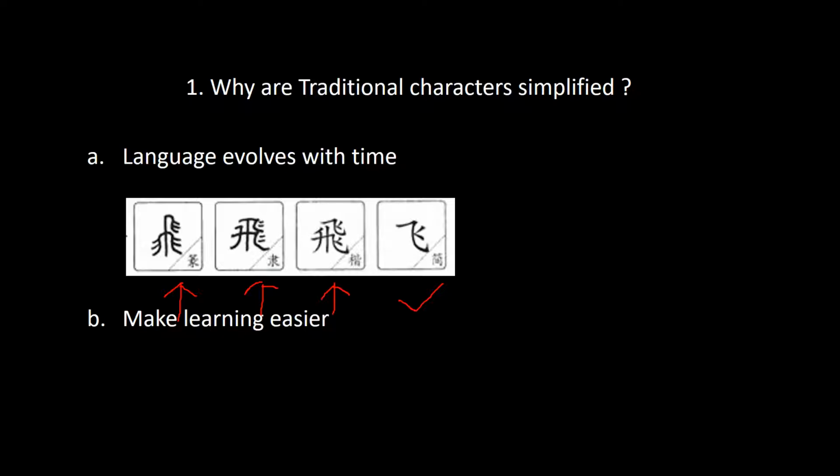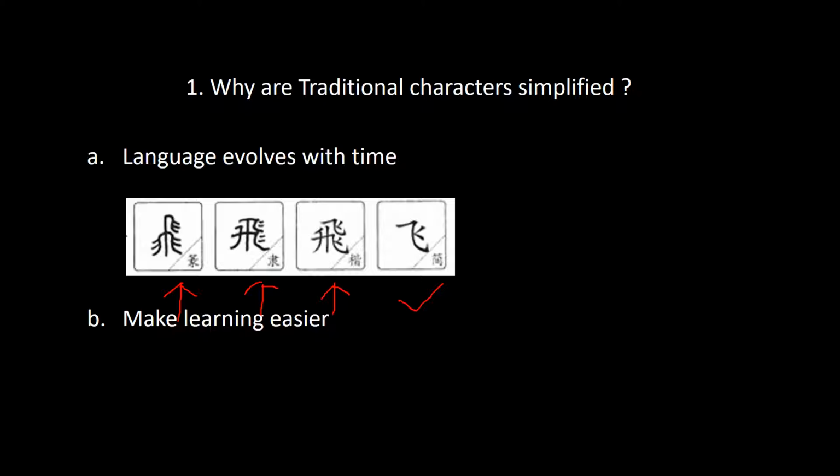The second reason is that it actually makes learning easier. As I've mentioned, the reason why we simplify is because we don't need to write so many strokes. It's easier, especially for foreigners or non-Chinese in general, who do not have a foundation in writing this type of words.